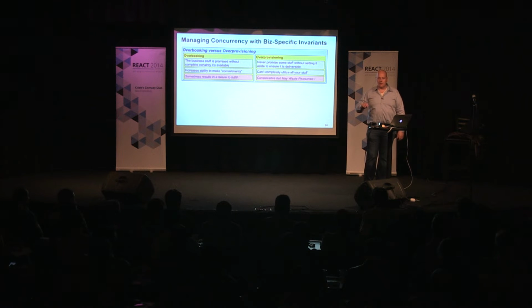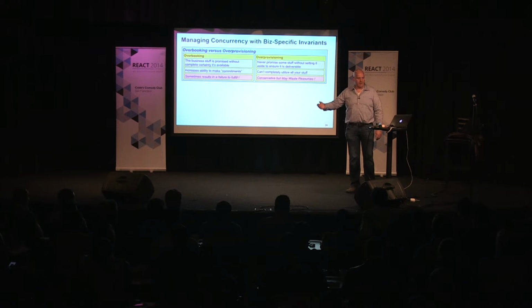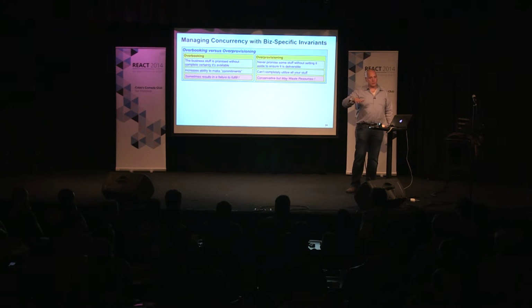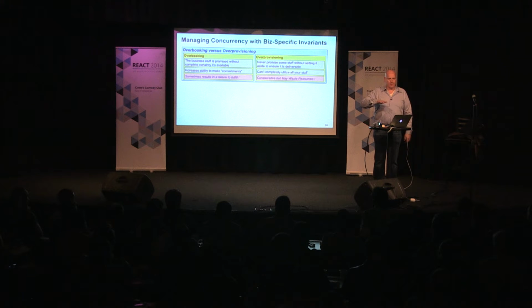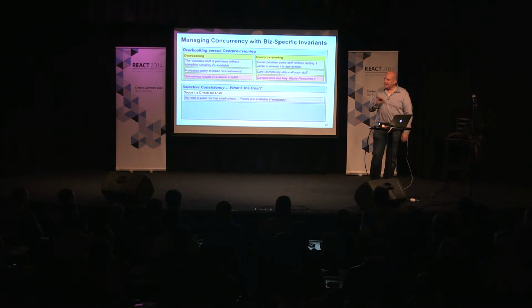Can't completely utilize all your stuff because not everything's going to happen. So it's conservative, but may waste resources. You may choose to do this if keeping your customer happy is the optimal thing for your business. You may choose to overbook if the efficiency of the throughput is more important, which then, of course, results in better prices for your customers. Choices, business choices.